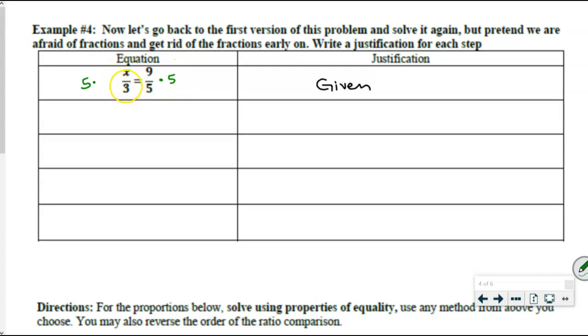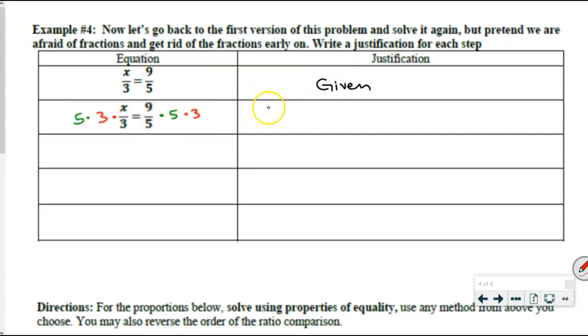What do I need to do to get rid of this denominator here? Multiply by 3. And that's okay to multiply by 3 as long as we multiply this side by 3 as well. Okay, looks messy, looks crazy, but we have done things that are okay to do. However, I didn't color code quite the way that I wanted to, so hang tight.